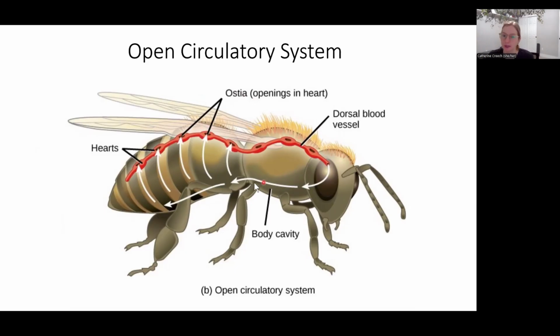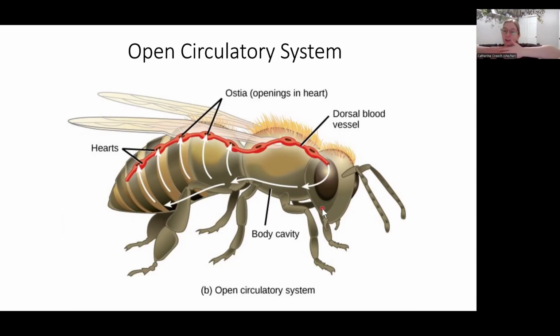So I have fluid here. This fluid is draining into this hole, into this circulatory system. This is going to pump, and as it pumps, it's going to move the hemolymph out into the body tissues. It's going to become part of the interstitial fluid. So it's just going to bathe all of the cells in this bug, and then it will get reabsorbed back in through these holes, these ostia, and then it'll get pumped out again.